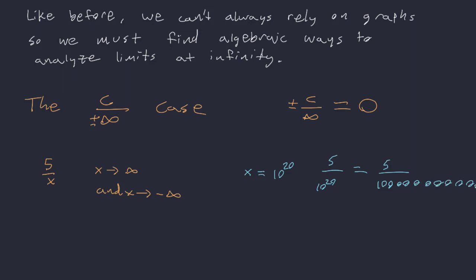All right, we're going to go all the way off the screen here. That is really small. In fact, if we do our division power rule idea, this is 5 times 10 to the negative 20. Right, so that's 0.00000, all right, and we'll go out, I guess, 19 times and put a 5.